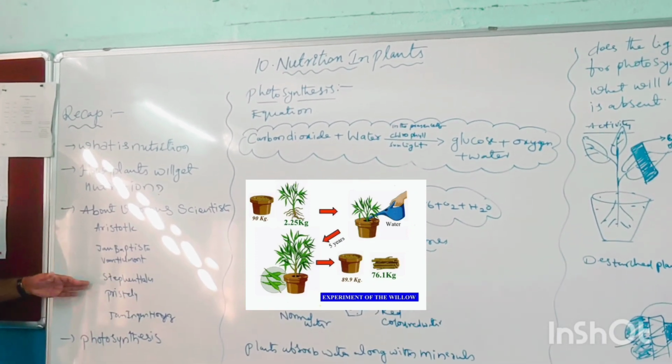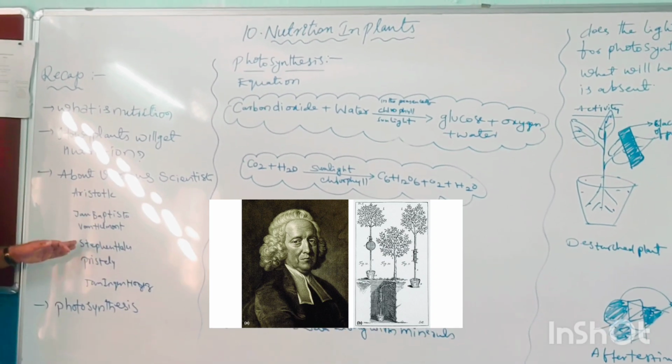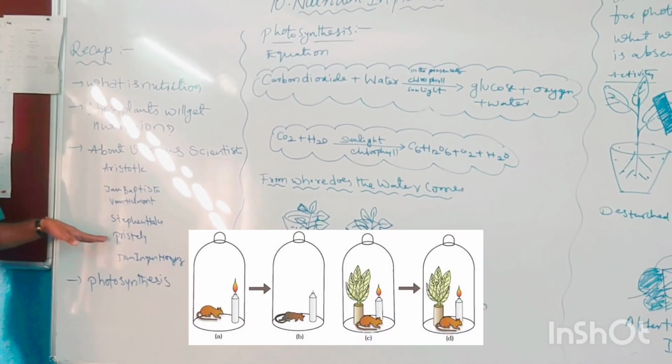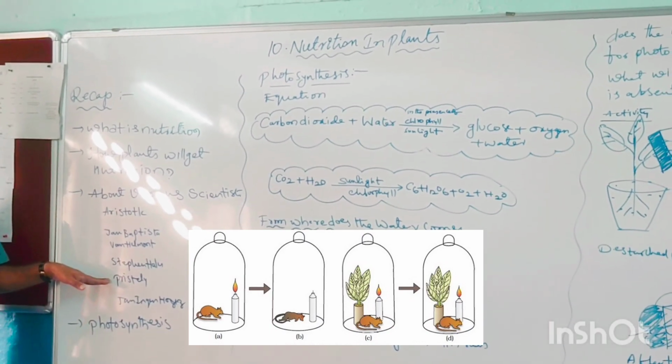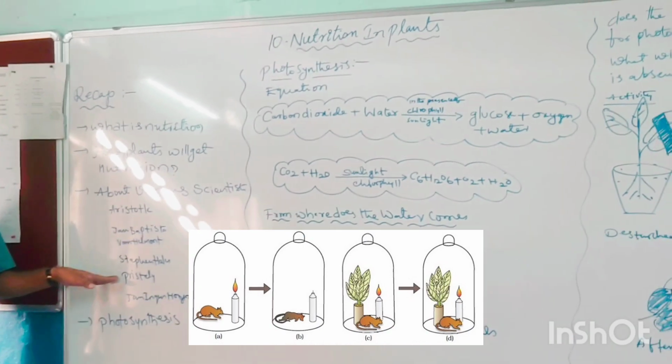Afterwards, Stephen Hales and Priestley concentrated on the role of light in plant nutrition. Priestley said that if animals make the air impure, the plants make it pure.